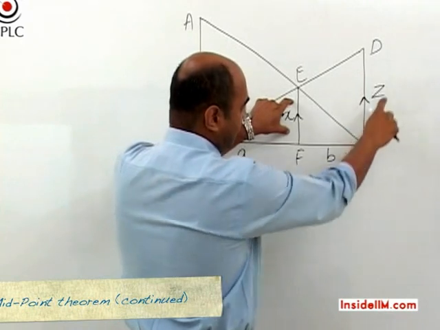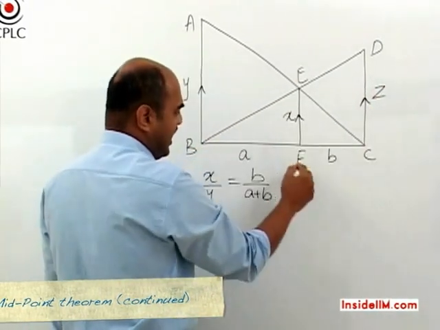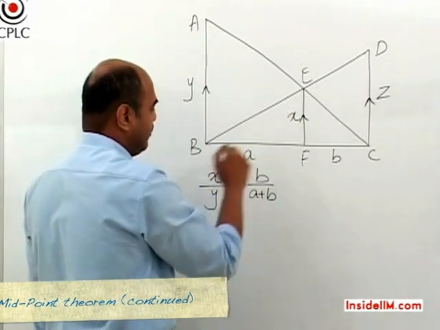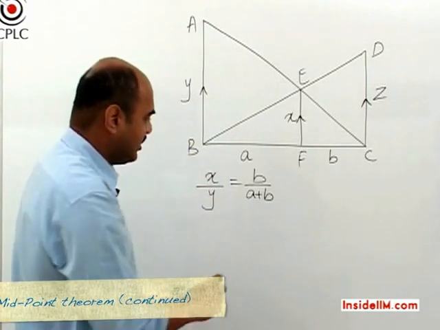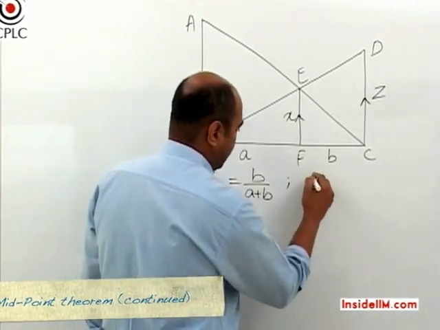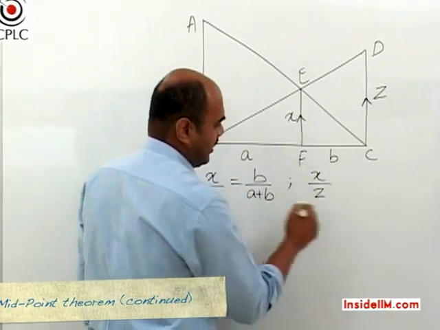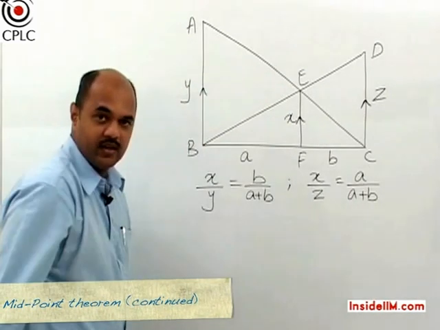Similarly, if we say EF is parallel to CD, then we would get triangle BEF is similar to triangle BDC. And for that, if we write the corresponding sides in proportion, then we would get x upon z is equal to a upon a plus b.